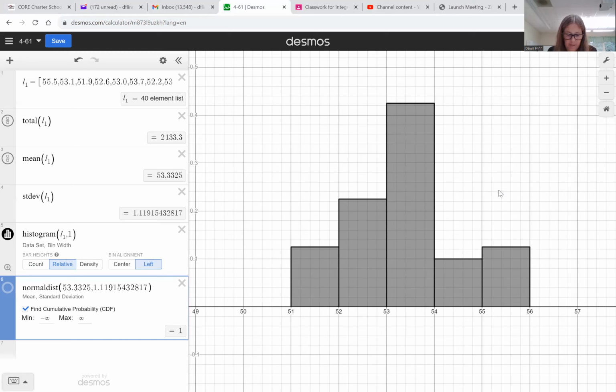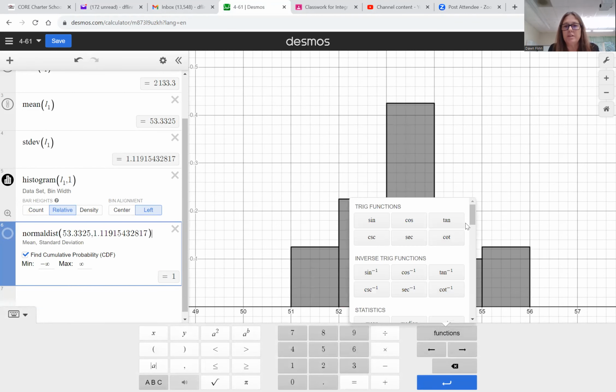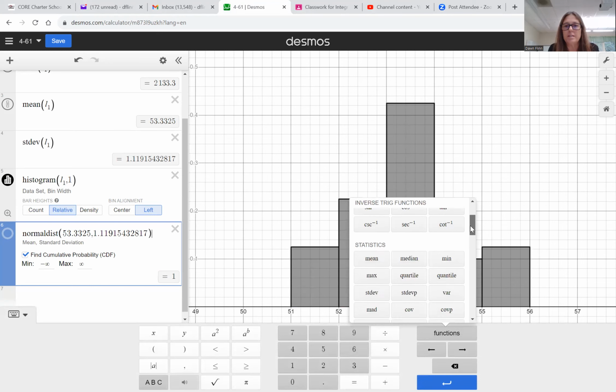Now letter B wants me to use the mean and standard deviation to make a model of the data with a normal distribution. To get the mean, I just typed the word mean, then parentheses and L1 in there, and it gave it to me. For standard deviation, you can type STDEV, or you can go down to the functions menu and search for it.